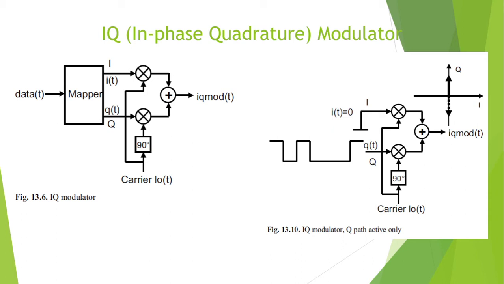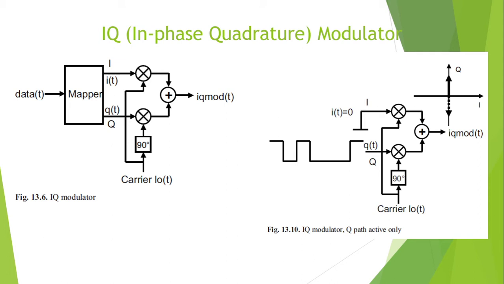If the Q mixer supplies no output signal, IQ mod of t corresponds to the output signal of the I path. If the I mixer supplies no output signal, then IQ mod of t corresponds to the output signal of the Q path. So it's very simple, right? Otherwise, it is a sum.